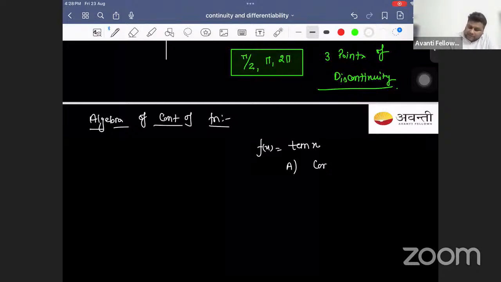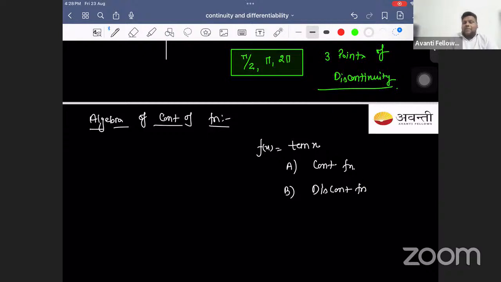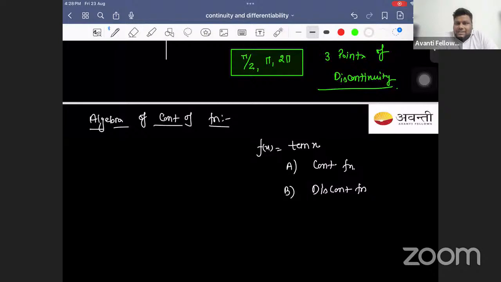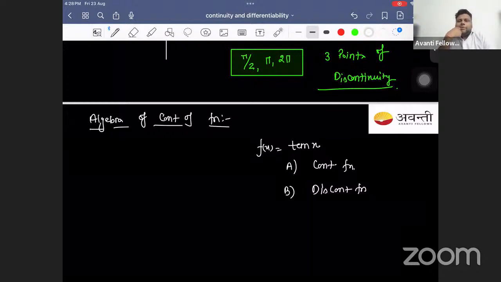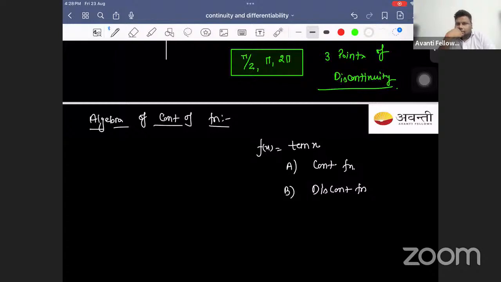A, it is a continuous function. B, it is a discontinuous function. What will be your answer? I'm launching a small poll. You will have to answer in A and B only. So what according to you, tan x, continuous function or discontinuous function? Answer from A and B only. All right. Okay.